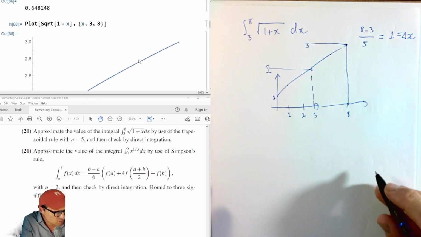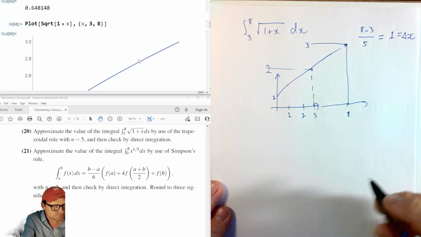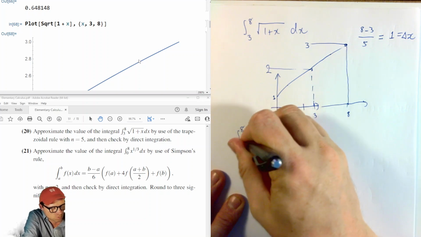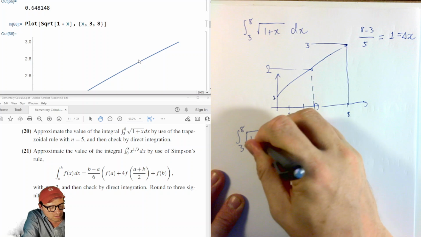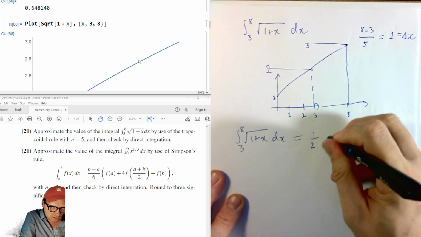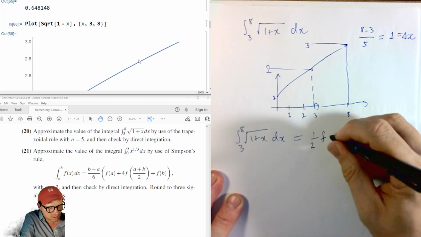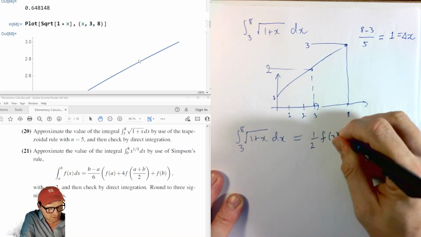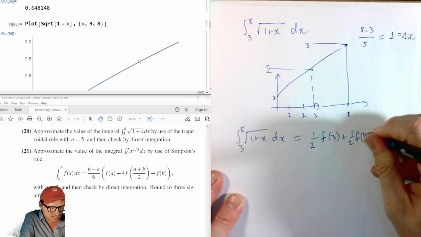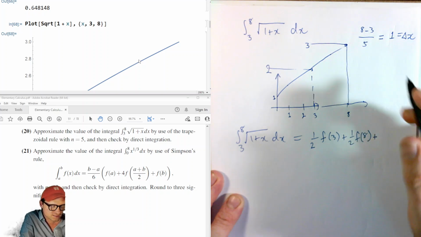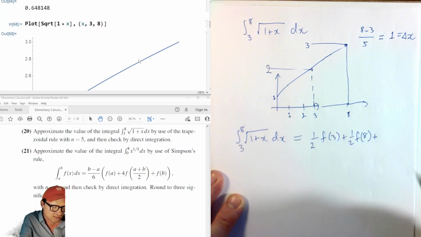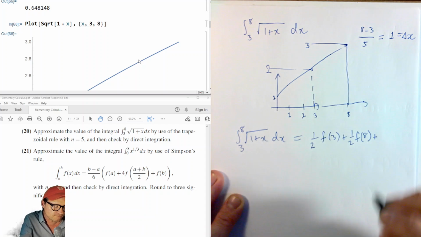Okay, and so using the trapezoidal rule, the integral from 3 to 8 of the square root of 1 plus x with respect to x is equal to 1/2 f of 3 plus 1/2 f of 8, and then plus the sum of all the function evaluations everywhere else in between in steps of 1.